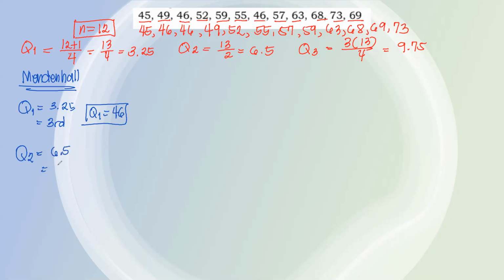Ibig sabihin 6. So second quartile natin is 1, 2, 3, 4, 5, 6, 55. So now we have 9.75, or should I say that's 10th data. So Q sub 3 is 1, 2, 3, 4, 5, 6, 7, 8, 9, 10, 68.